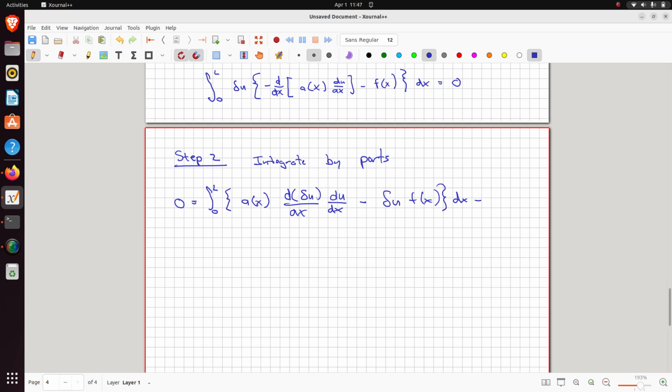So that's the integration by parts, that's the integral, but then also we have a boundary condition.